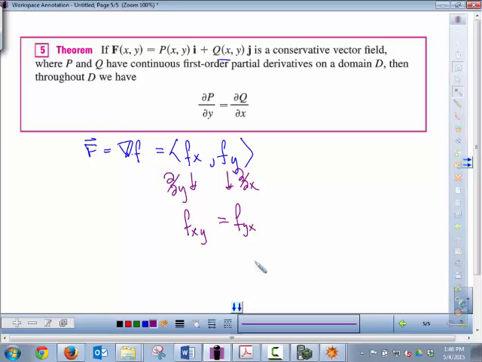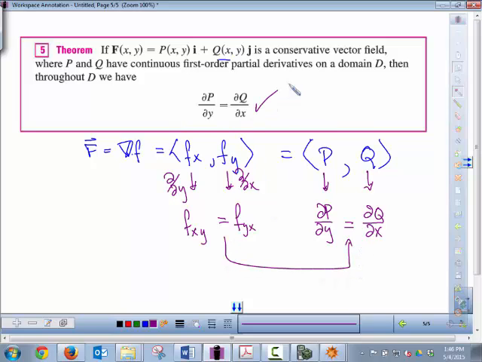Okay? So that's really what's happening over here. Instead of fx and fy, we're going to call them P and Q. Then taking the derivative of P with respect to y, and taking the derivative of the second one, Q, with respect to x, should be equal to each other.